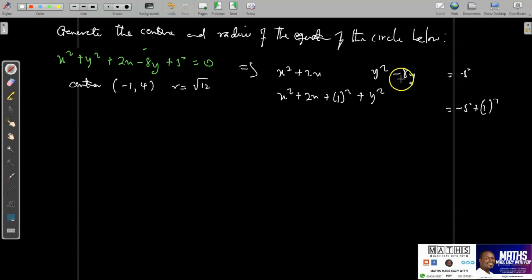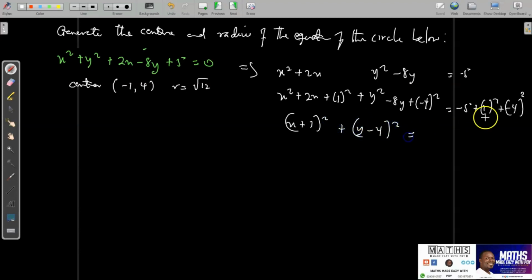Half of negative 8 is negative 4. Then we square it and add it to both sides. So we have minus 8y plus negative 4 all squared. Automatically, you've generated your factors. So you can have it as x plus 1 all squared plus y minus 4 all squared, all equal to, then simplifying here, 5 plus 1 plus 16, negative 4.